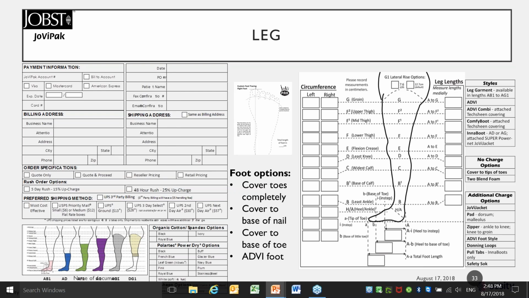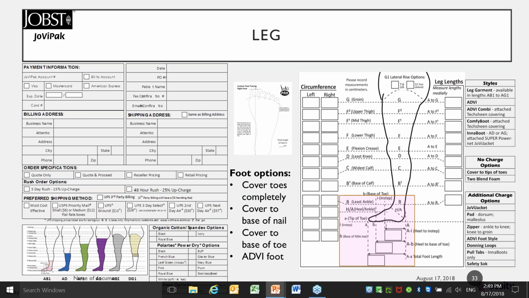Again, be sure that you complete the top portion of the garment order form and give us the length of the garment you want. Give us the type of material and the colors that you're going to choose. Be sure to complete this foot portion completely.